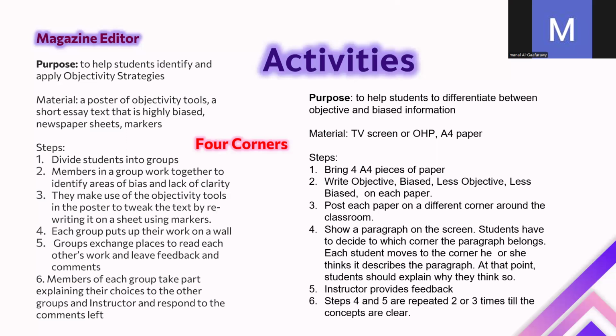An instructor provides feedback to each explanation. Then steps 4 and 5 are repeated 2 or 3 times till the concepts are clear enough to the students. So those are just fun examples that you can convey objectivity through to your own students.